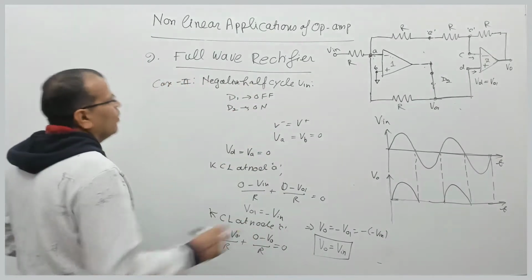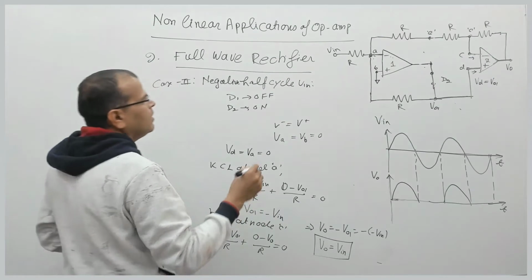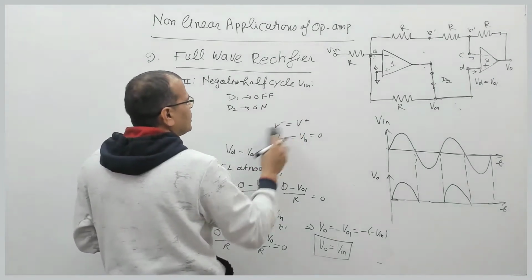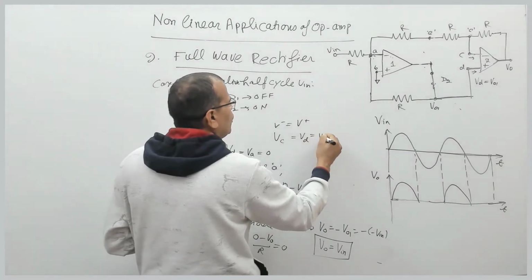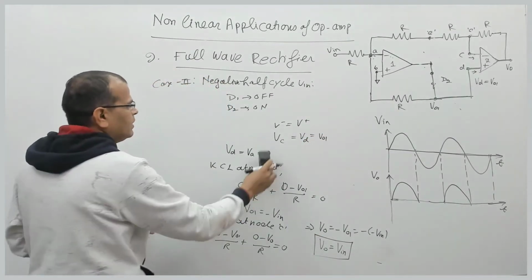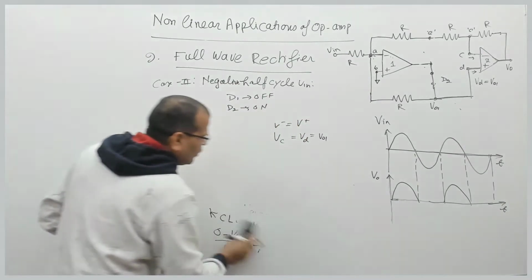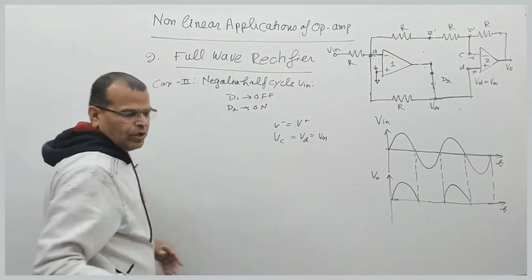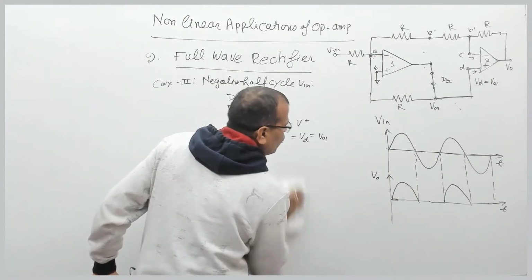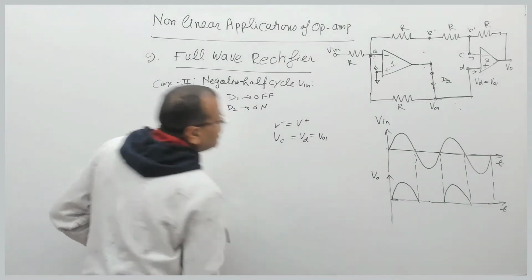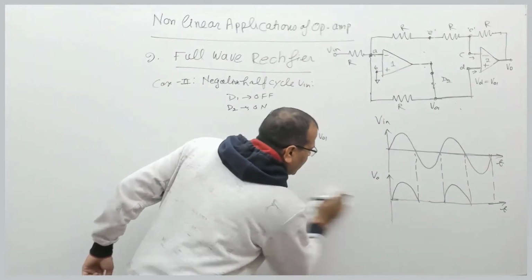Fine. Now let us see the voltage at node C. Remember, VC will be equal to VD, and that is equal to V01, right? The voltage at node C is the output voltage of op-amp 1, the first op-amp. Now if you apply KCL at node C, let us see what will happen.